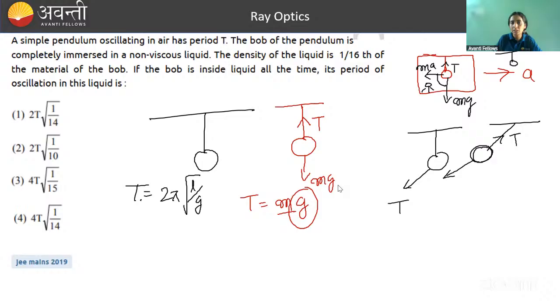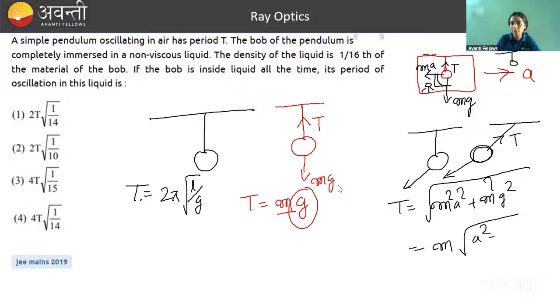So here tension will be equal to how much? The resultant of these two forces, that you will write as root of m square a square plus m square g square. Okay? So that will be equal to m root under a square plus g square. So here tension is equal to mass into something, and that something is this, and this will be your g effective.